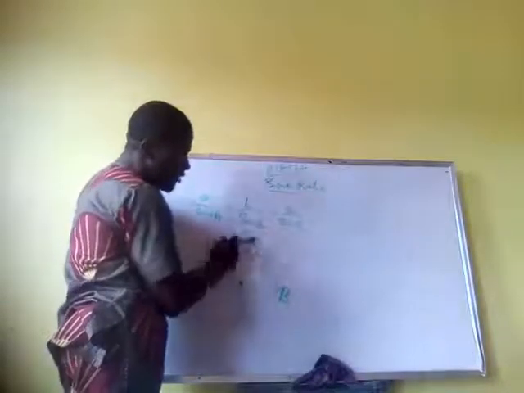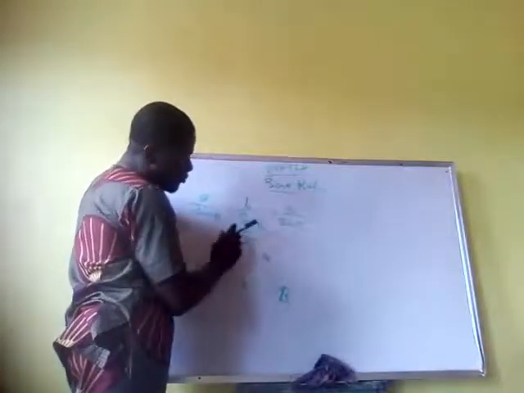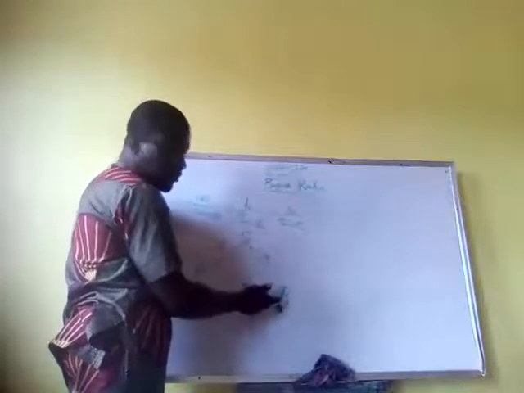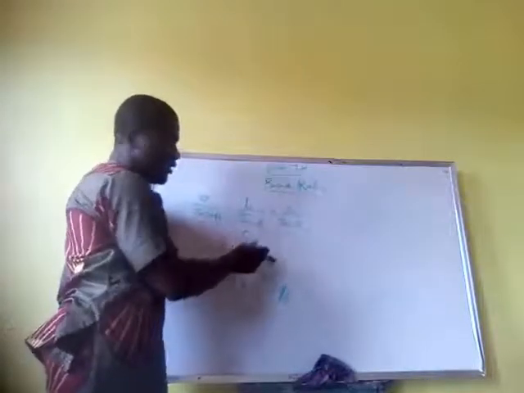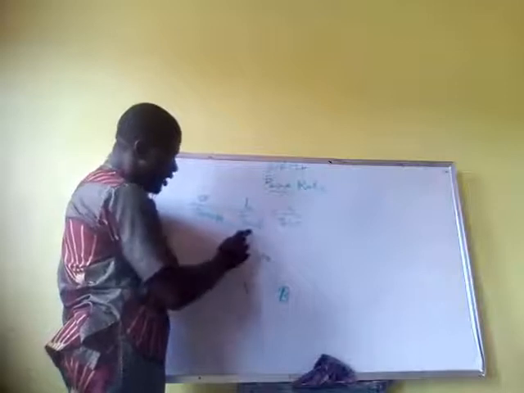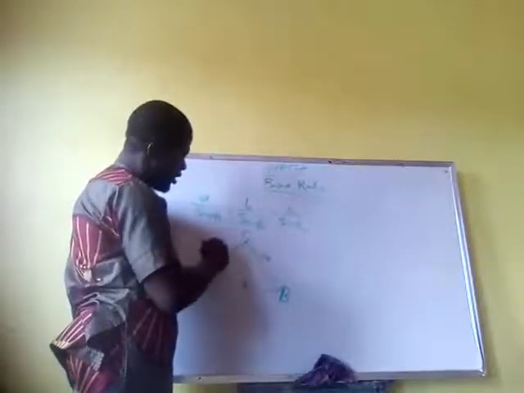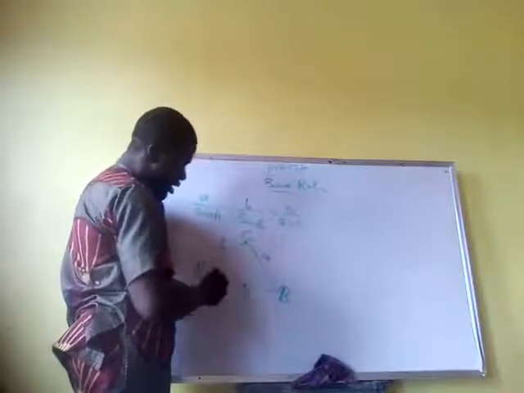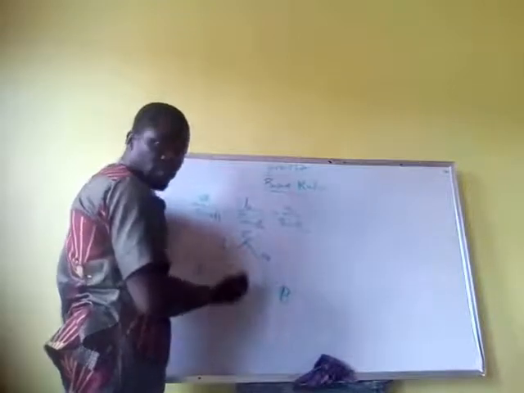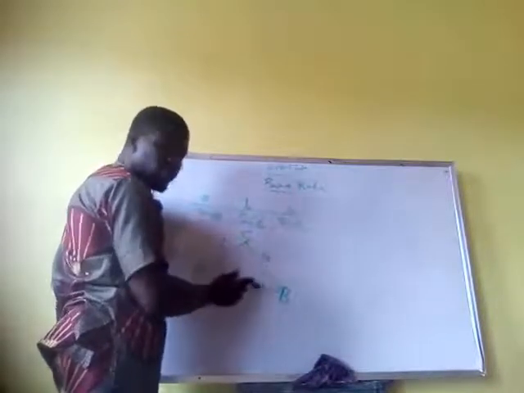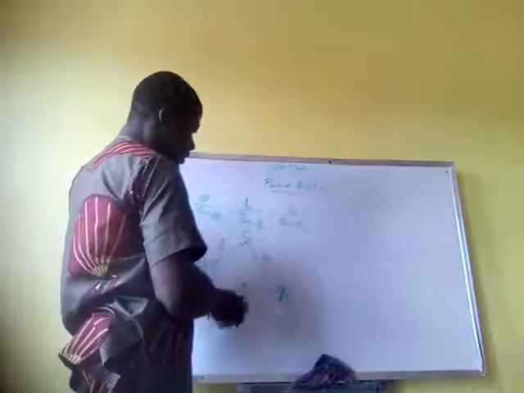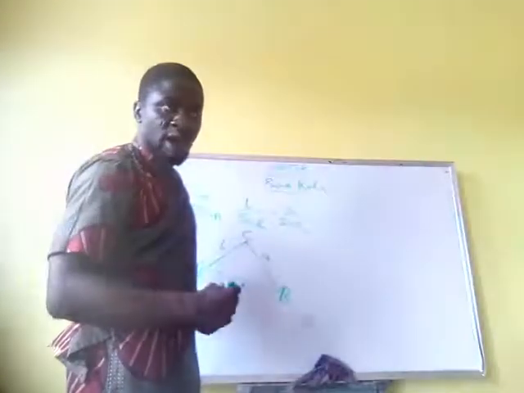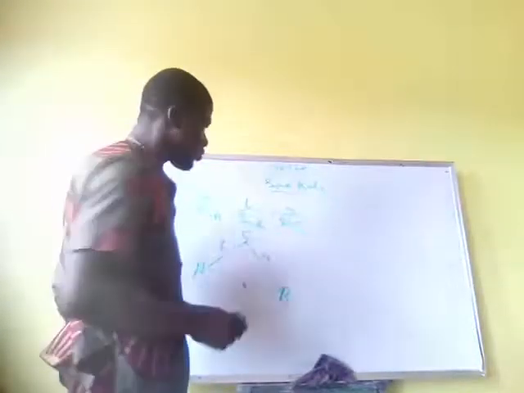What will be in between B and C is A. Between A and C, what is not here is B, so you put a small b. Between A and B, what is not here is C. So that is the way to name your triangle if you are solving.